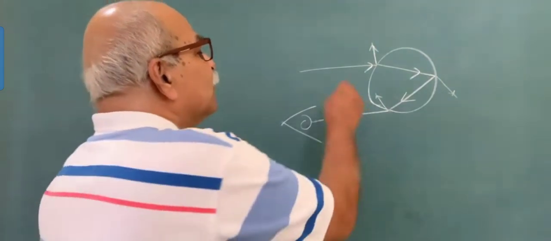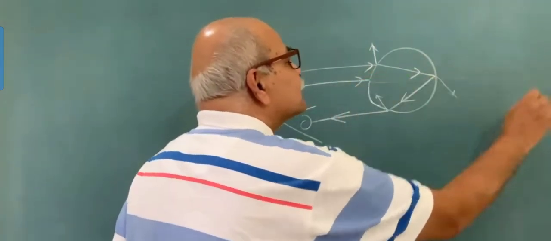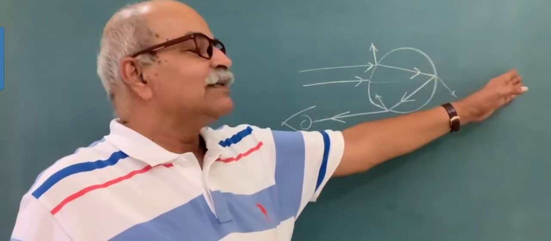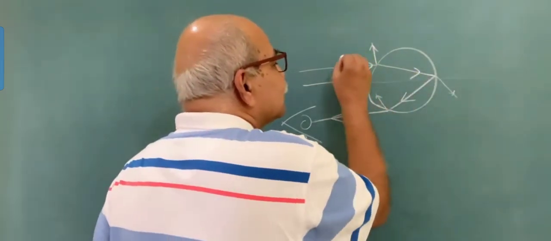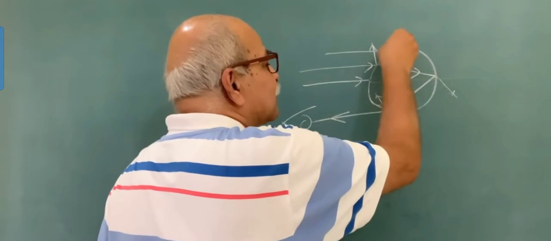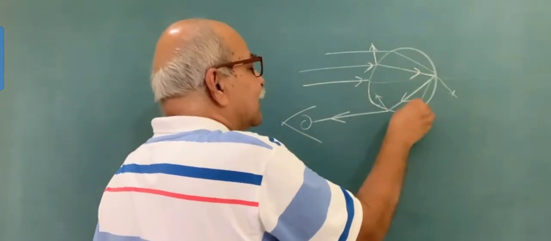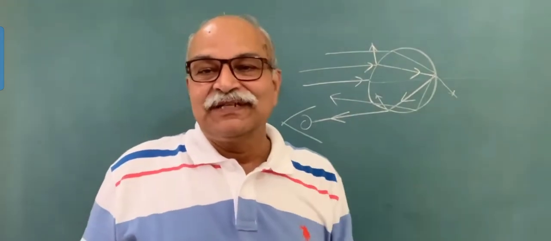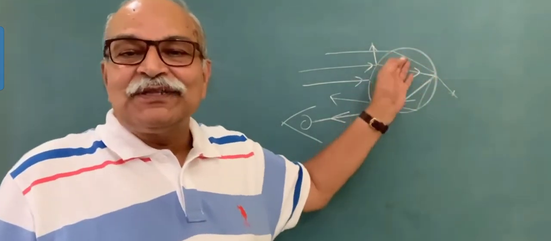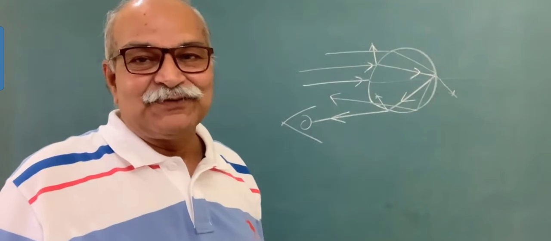Because if it falls here, then everything will just go away along the normal. Nothing will reach. But if it falls somewhere here, then there will be some refraction, and then at some other angle it will come. So the angle at which it comes depends on where on the drop the sunlight is falling.